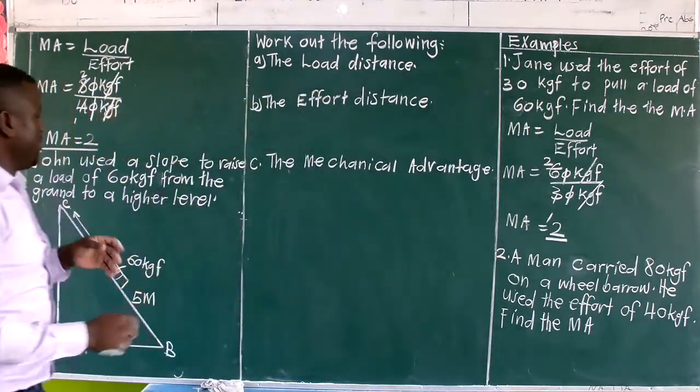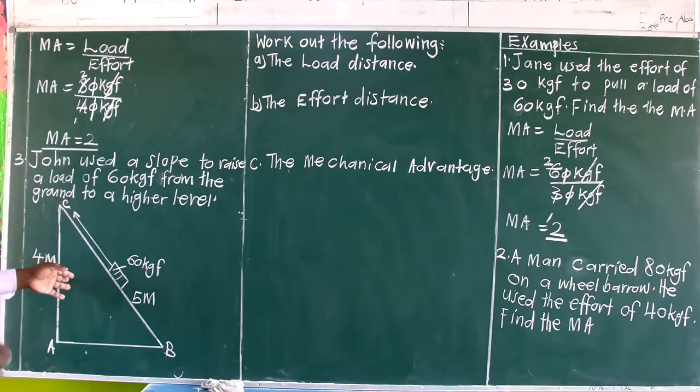Now, if you look at this inclined plane, point A to point C is the load distance because it's the vertical height. The load is supposed to move from point A to point C. But if you carry the load from point A to point C, you use more effort.